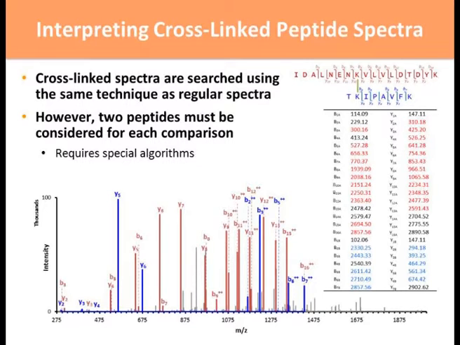So all of the existing algorithms for database searching do not incorporate this entire second peptide mass in the linkage and the computation of their B and Y ions, and therefore are not capable of solving cross-linked spectra.